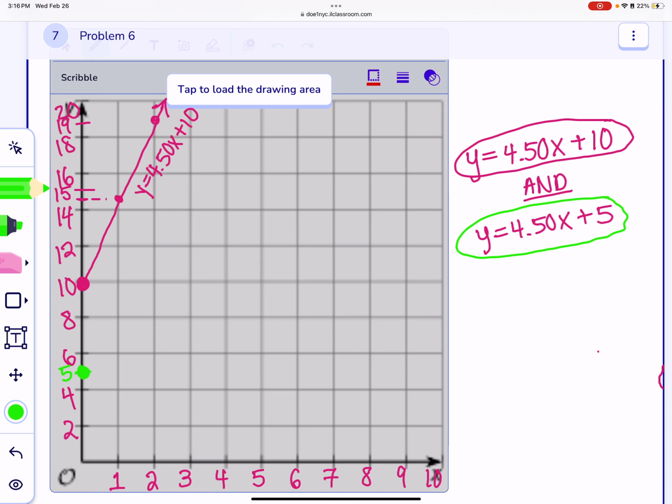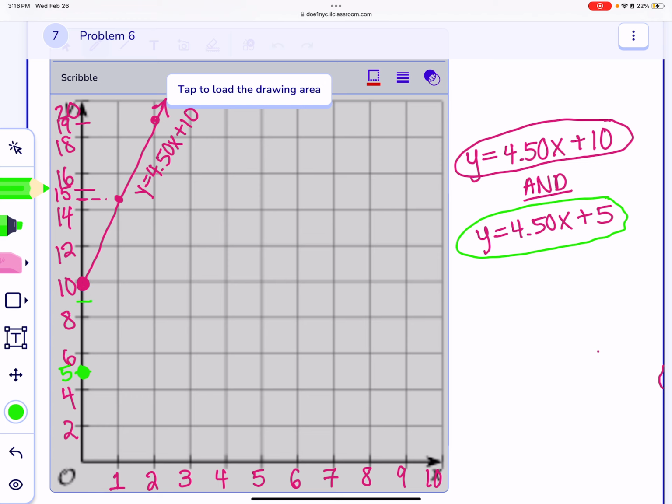This is even before we order any of the sandwiches. So we are going to start at 5 and increase by 4.50 for every additional sandwich that we order. And when we add 4.50 to 5, we end up getting 9.50. So let's go ahead and graph that.